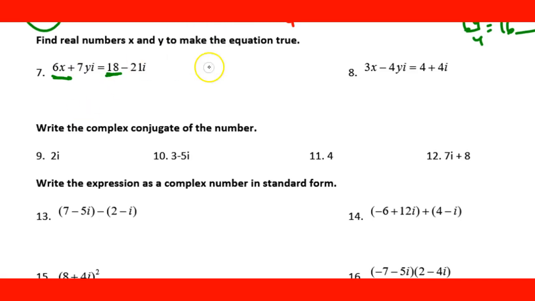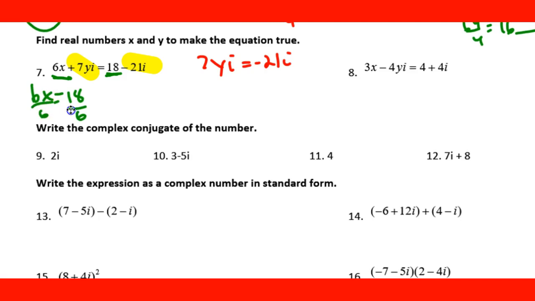You know the imaginary part because it has an i for imaginary. So what you do is you set the real parts equal to each other, and you set the imaginary parts equal to each other.